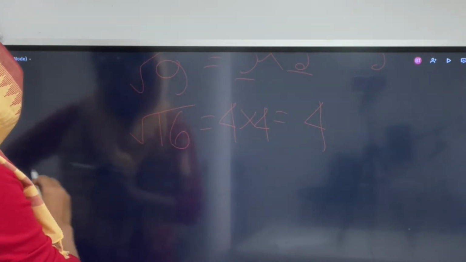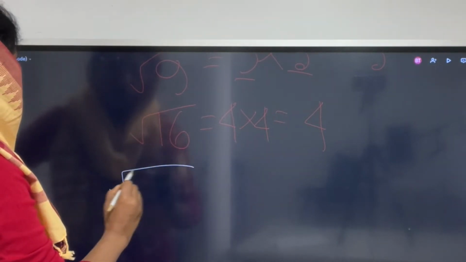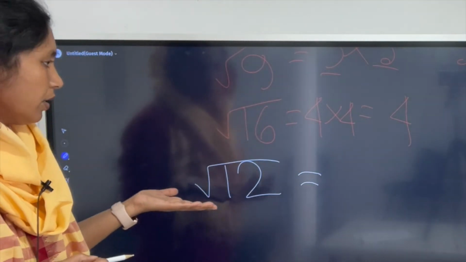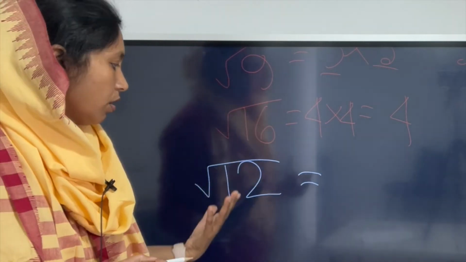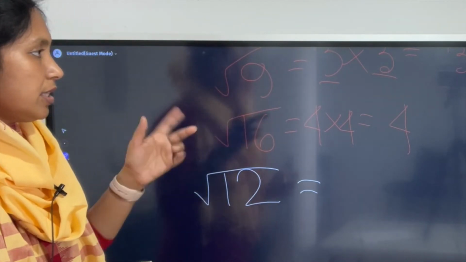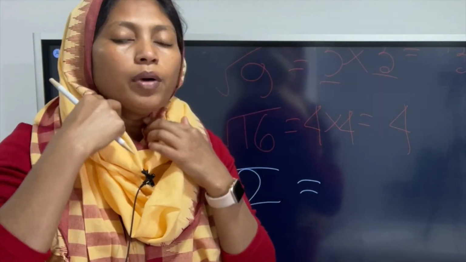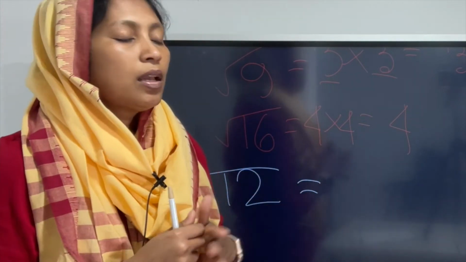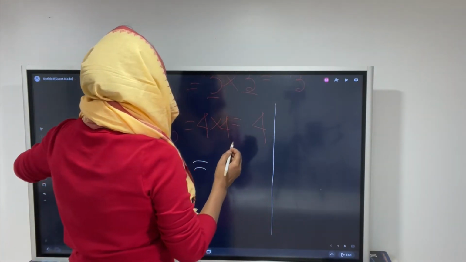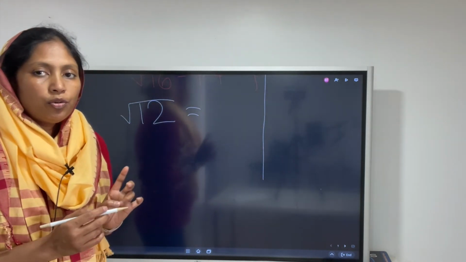But let's say this is square root of 12. How are you going to simplify that? You're not going to get two identical numbers to get square root of 12, right? So in this case, you have to think which two numbers you need to multiply to get 12.